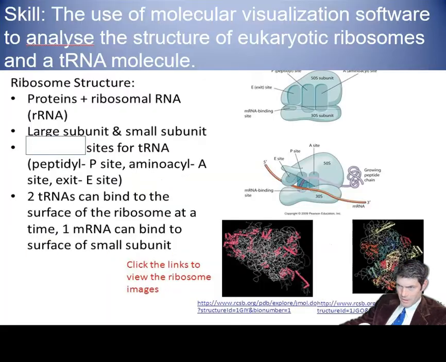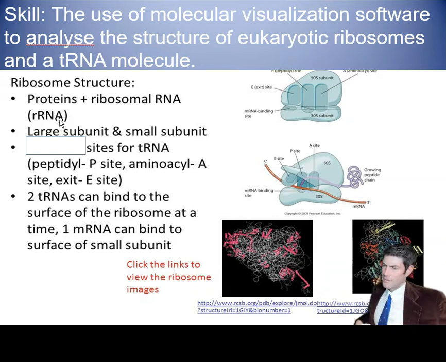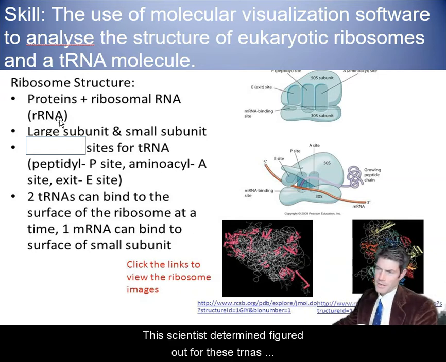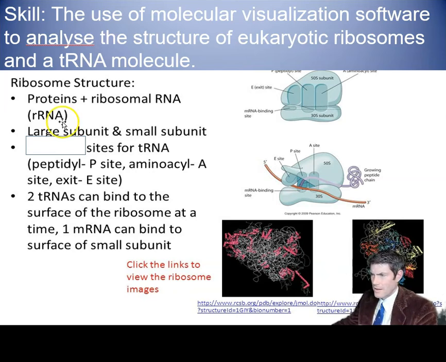Woo! So here we can use this molecular visualization software to look at these. These are the images that scientists have determined for these tRNAs, ribosomes, and the complex of both of them.